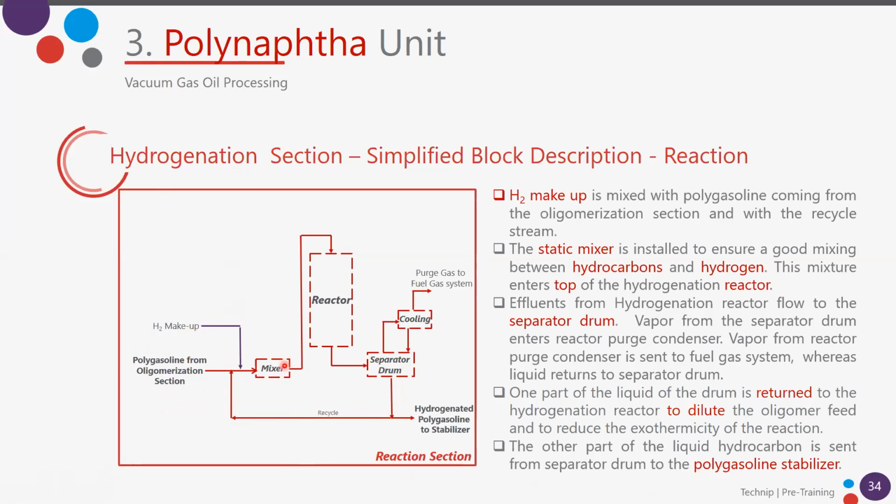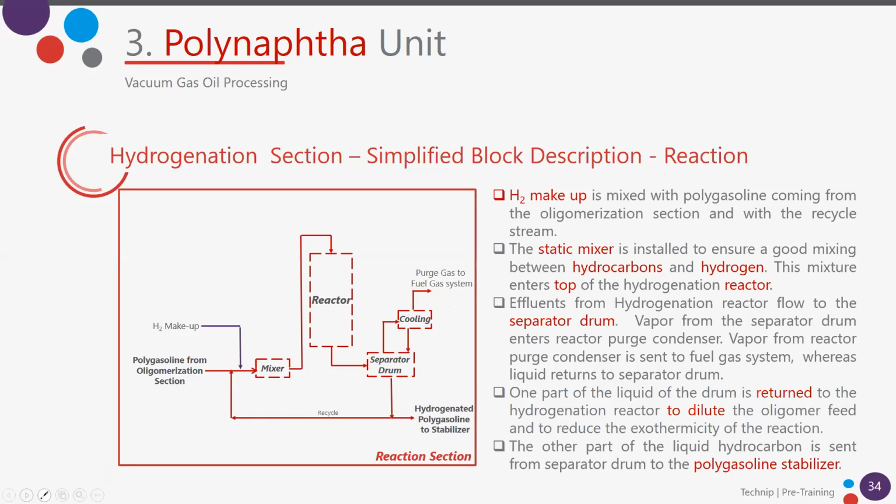Then you go to the reactor where you have your hydrogenation reactions. Then you go to this separator, you have some lighter components that you send to the fuel system, and you have your product that you send to the next section. And part of this same product we recycle to dilute this stream.